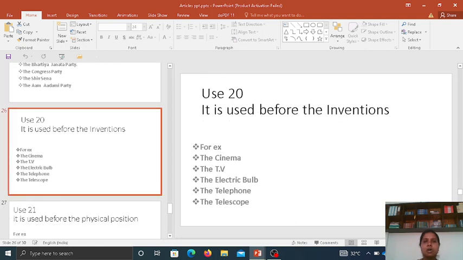Use number 20 of the: it is used before inventions. For examples, the cinema, the TV, the electric bulb, the telephone and the telescope. These all are inventions. That's why we have to use the before that noun.